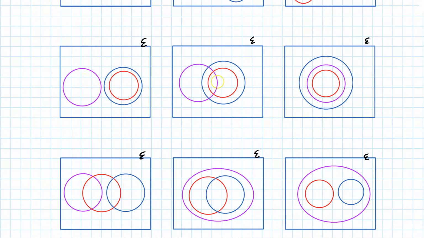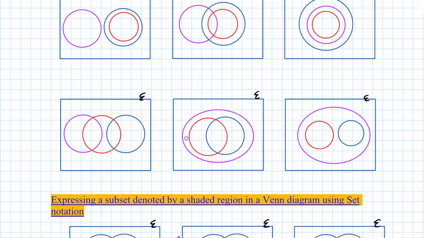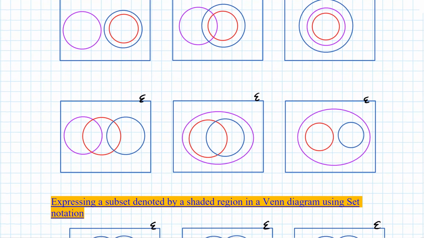Then the next variation is where the third one intersects with the previous 2. Or we can think of every subset being a subset of the other subset. And then finally we get these 3 variations where we have only 2 of them intersecting at a time.